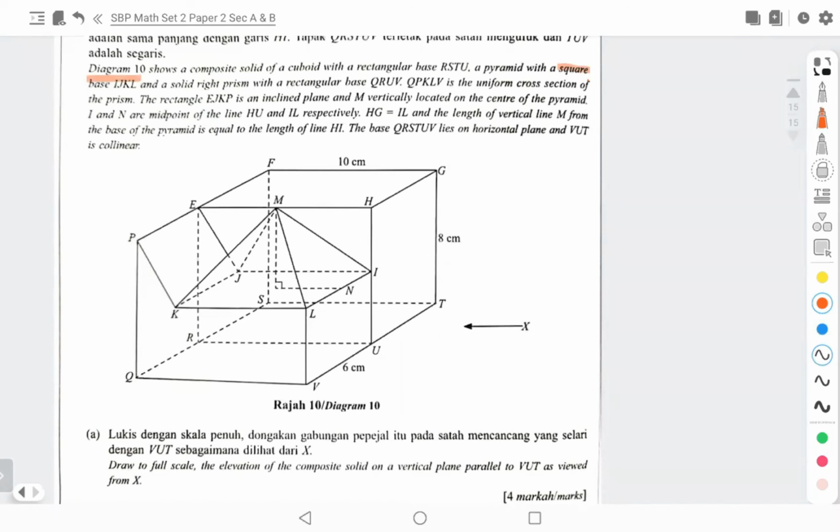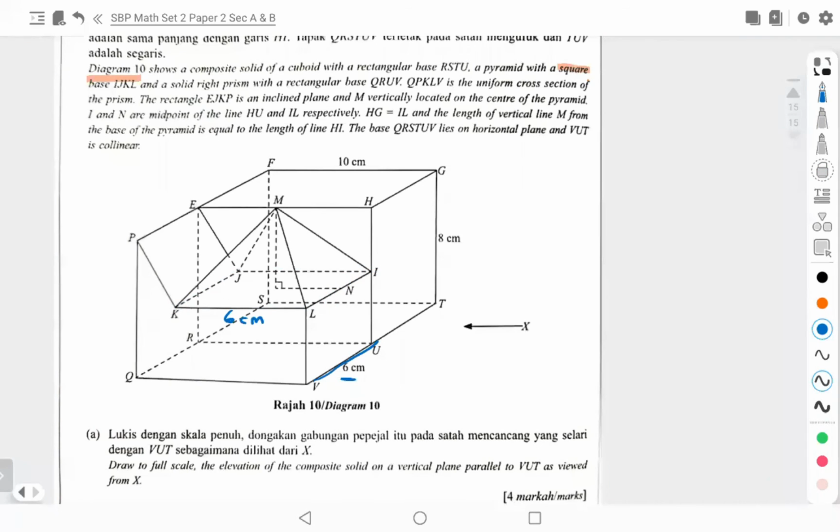So IJKL is a square. So you can check out PU is equal to 6. So meaning here is 6, here also 6 cm. Okay, you can label 6 cm first.